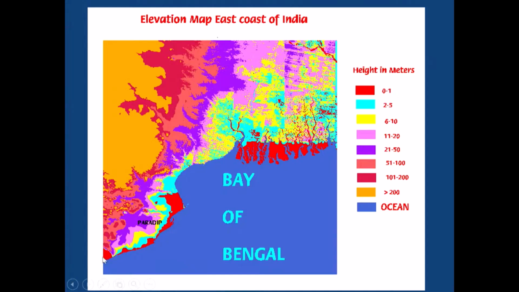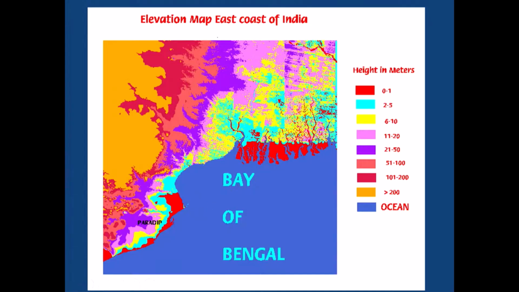Whenever a cyclone is approaching or a tsunami wave is approaching, this area will easily get inundated, and this particular region always experiences cyclones every year. So every year there is economic loss due to the cyclone, and devastation. People have witnessed devastation all along the coast.